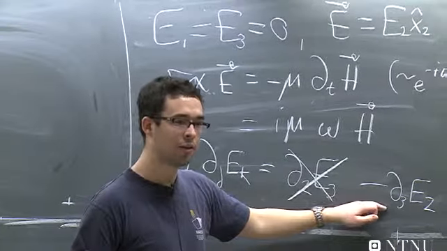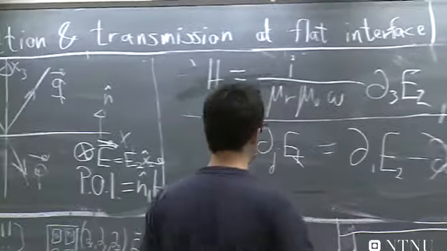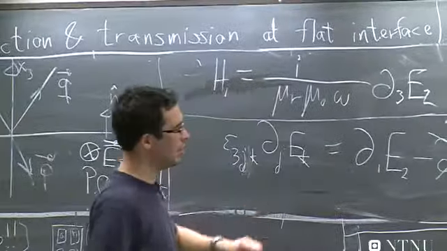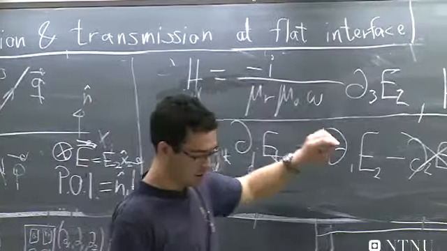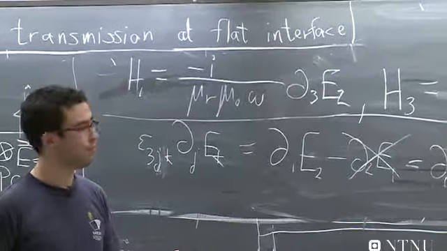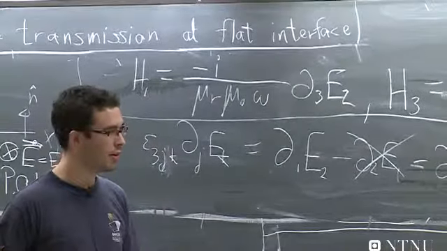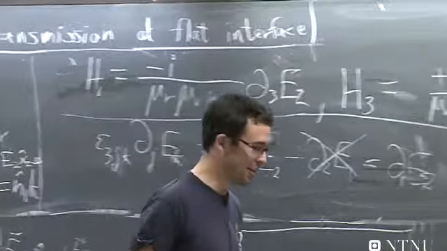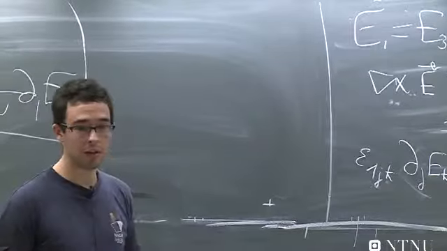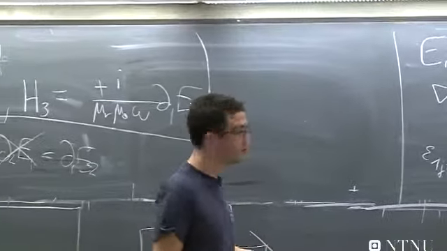Am I in the wrong place? Shouldn't that sign be... Yes, but there's one on the right-hand side. Okay, there might be a sign error. I think you're right. So probably there's a minus here, and then I guess there's a plus here, because I follow the same procedure. But any blackboard signs I don't trust anyway. So yeah, I think you're right.